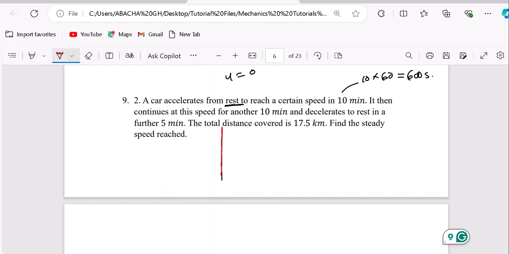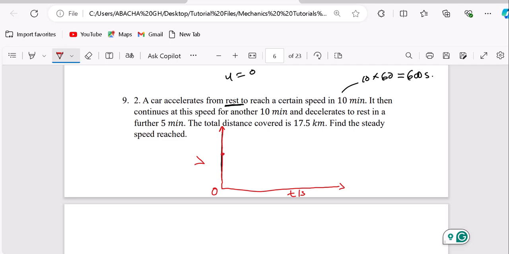Oh, my line is not straight, but let me just leave it like that. They are saying that it starts from rest, so this is always our V and this is our T in seconds. So it starts from rest and reaches a certain speed.